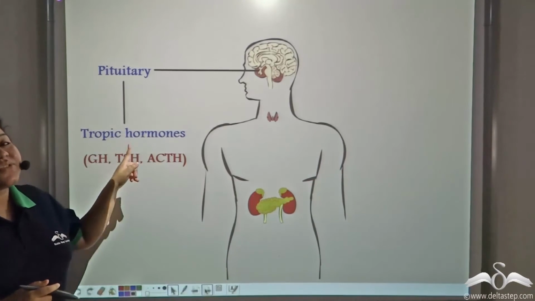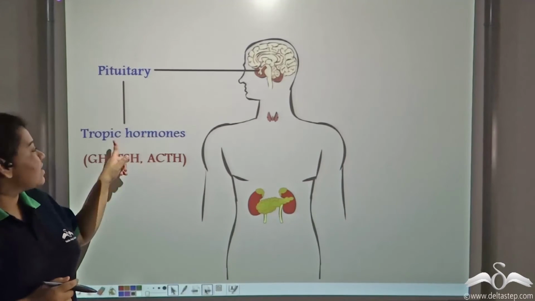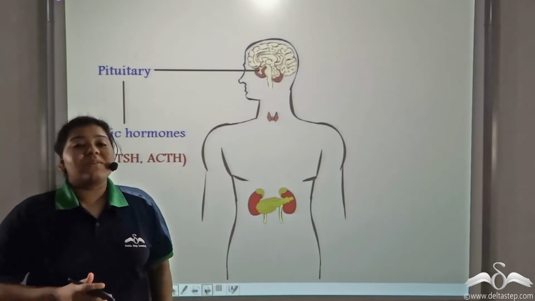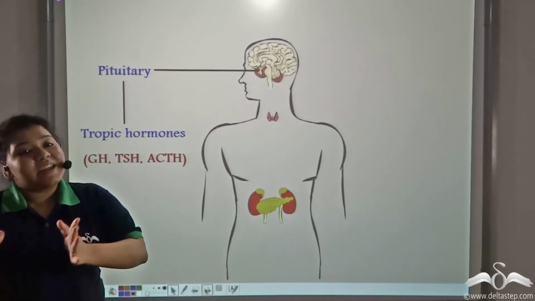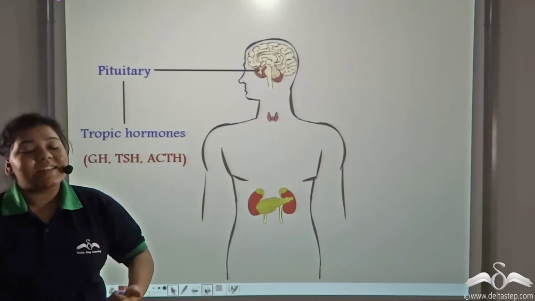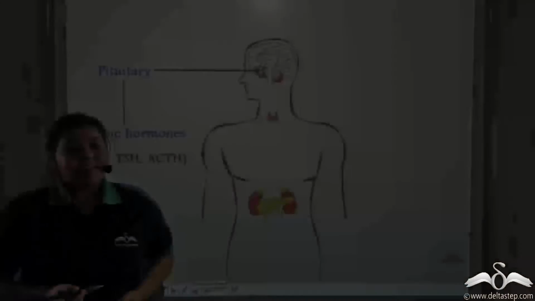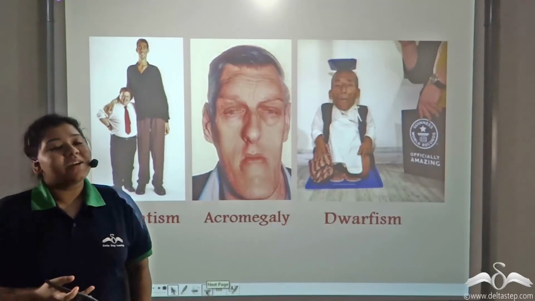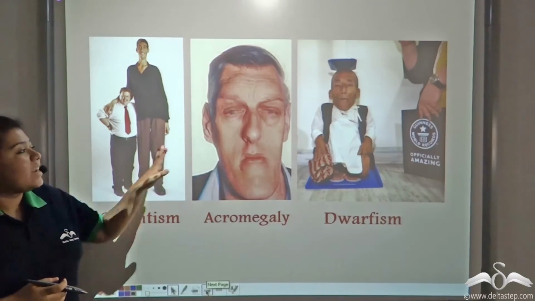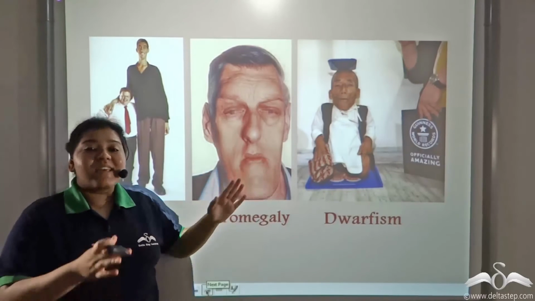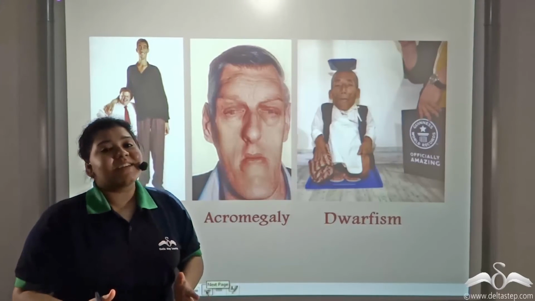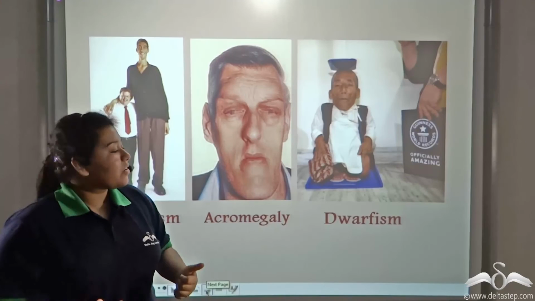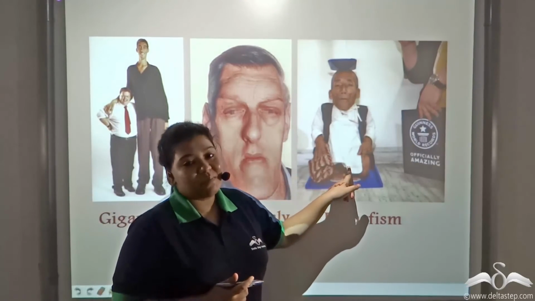Now, all these three hormones are known as tropic hormones because they stimulate these endocrine glands to secrete their hormones. Now, over-secretion of growth hormone causes gigantism and acromegaly, whereas hypo or under-secretion of growth hormone causes dwarfism in a person.